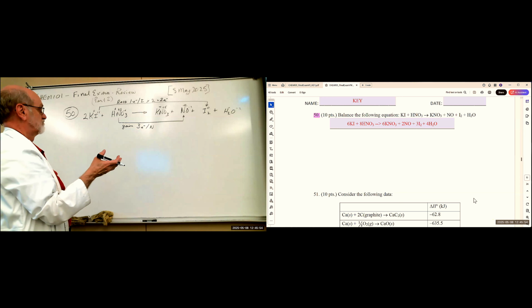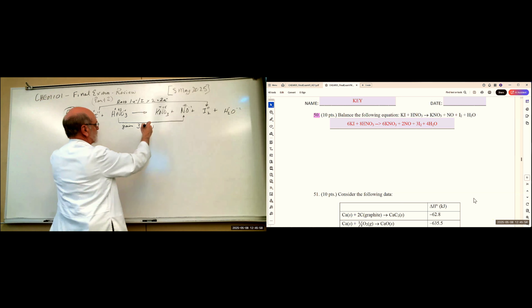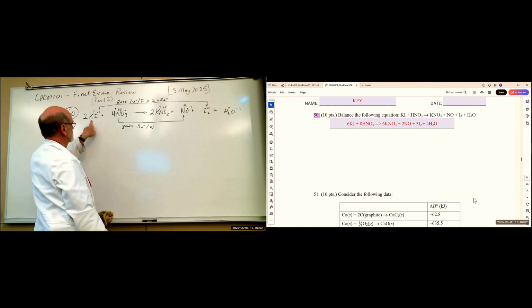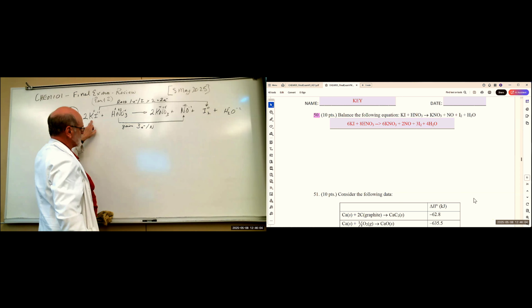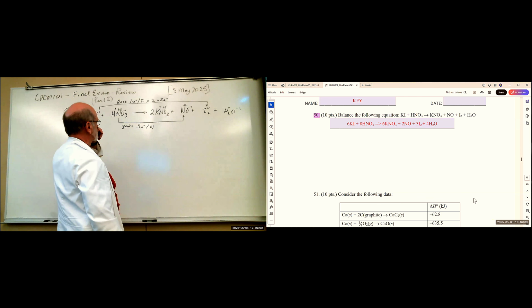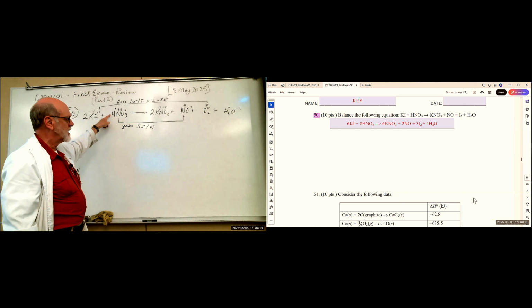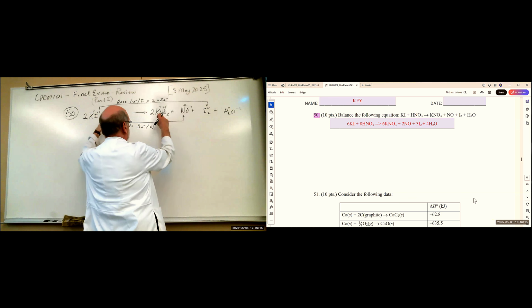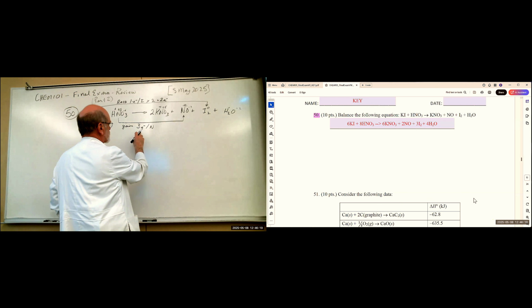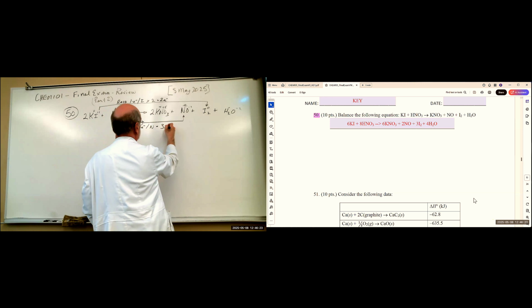Let's go ahead and balance that part, 2 potassiums. We're going to have to leave this coefficient out because we've got nitrogen occurring in both places. We're going to fix that in just a minute. But this is 3 electrons per nitrogen, and we only got 1 nitrogen, which is 3 electrons.